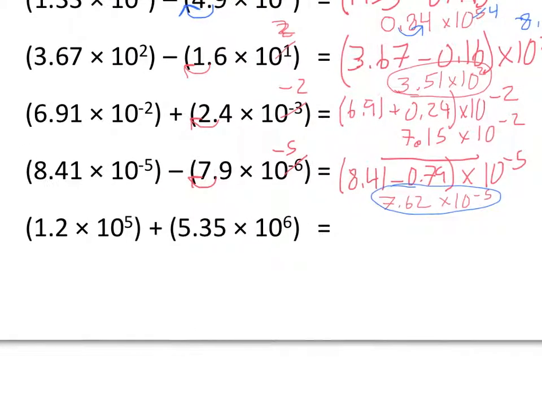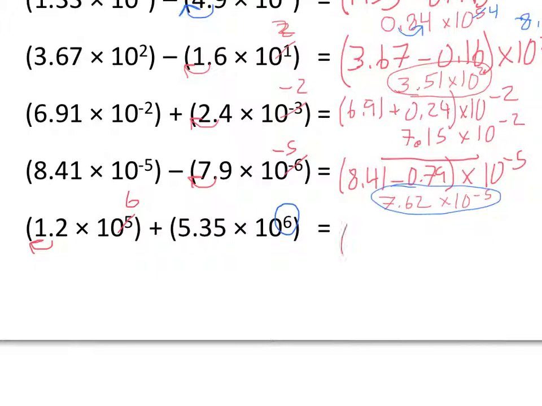And our last one, I have 1.2 times 10 to the 5 plus 5.35 times 10 to the 6. 6 is our larger power, so I'm going to raise this one up to 6 by moving the decimal point over on this side.